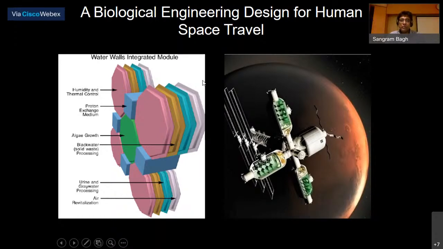A similar thing people think about is a wall for the space seats, because they want something called water wall technology. The whole idea is that you put algae on the wall so that it takes the sunlight, and then takes all the waste materials from the space seat, from the human waste, and decomposes it.